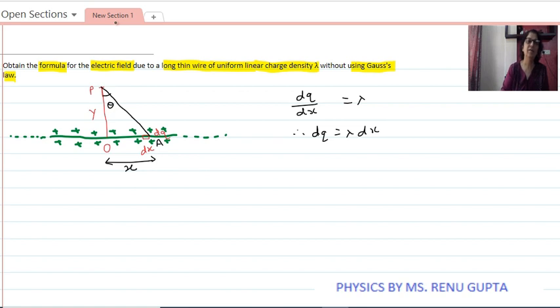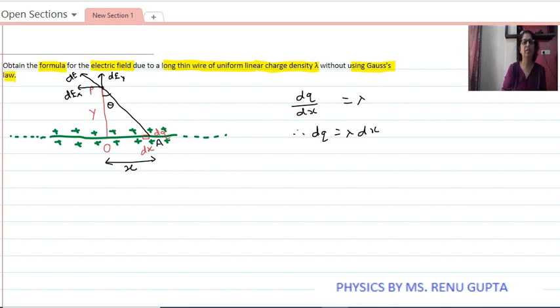Then the electric field due to this small charge dq will be along the line away from the charge, that is dE, in this direction. Now this dE will be having two components. One will be along y-axis, that is dEy, and another will be along x-axis, which is going in the opposite direction of positive x-axis. So this is dEx.